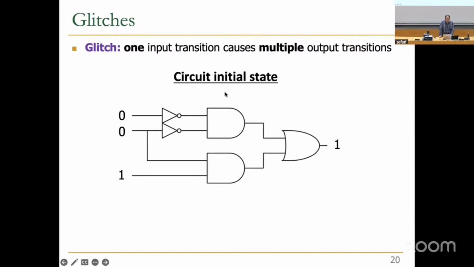Look at this circuit. The initial state actually was 0, 1, 1, and the output is 1, essentially. And you want to move from 1 to 0. So this input wants to go from 1 to 0.